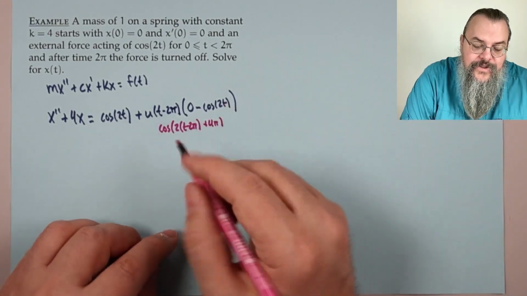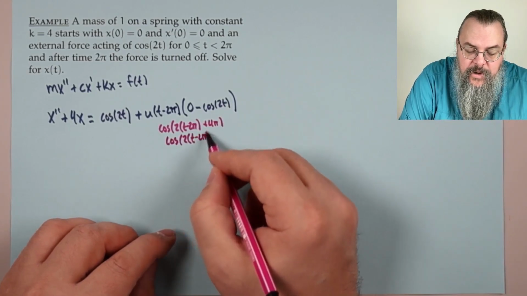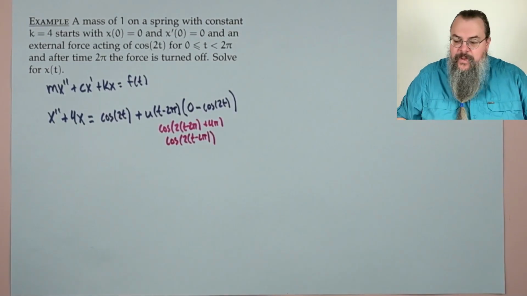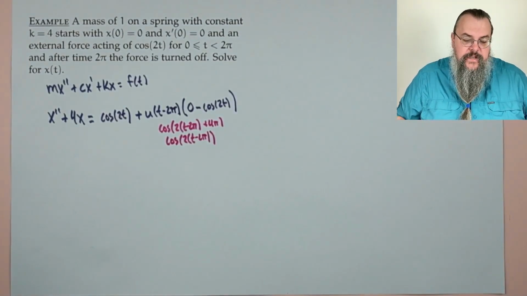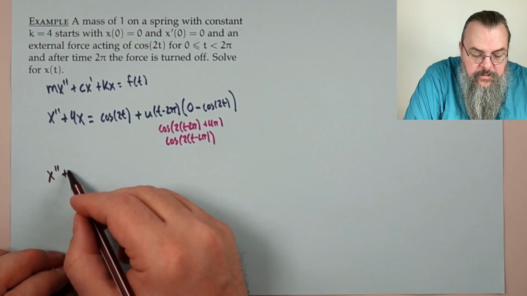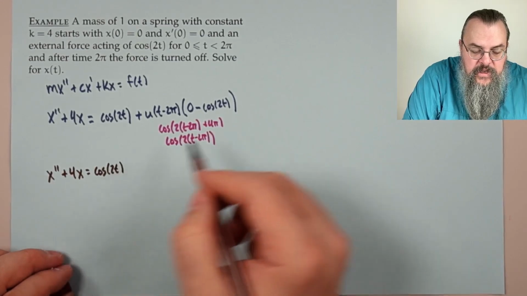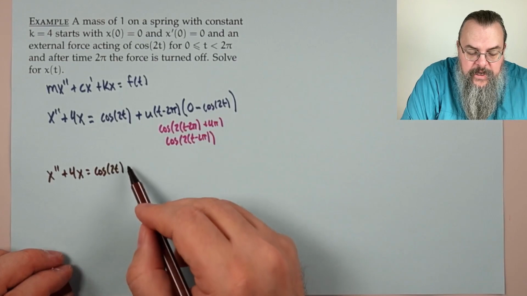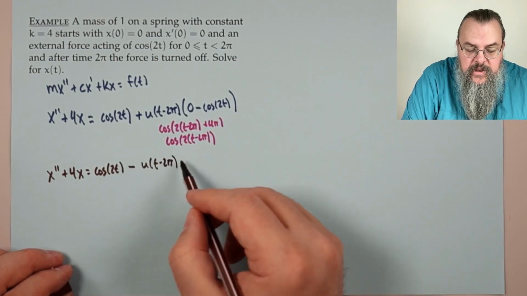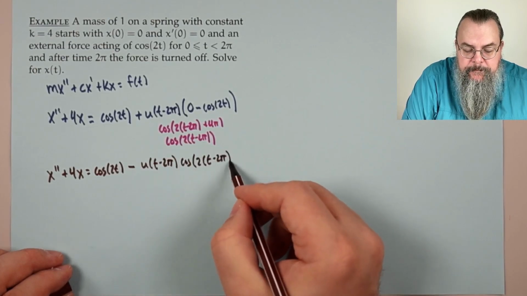So this is the same as cosine 2t. And we're like, whew, dodged a bullet. Good. All right, so updating. We can now say we have x double prime plus 4x is cosine 2t, and now we're going to have a minus u(t minus 2 pi) cosine 2(t minus 2 pi).